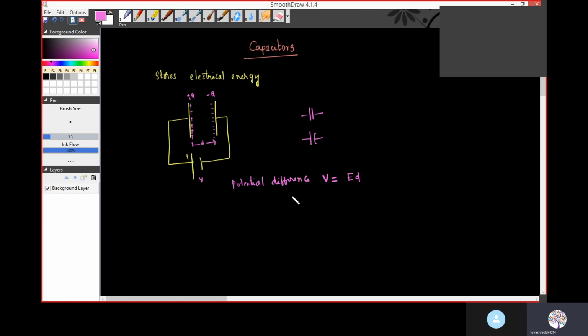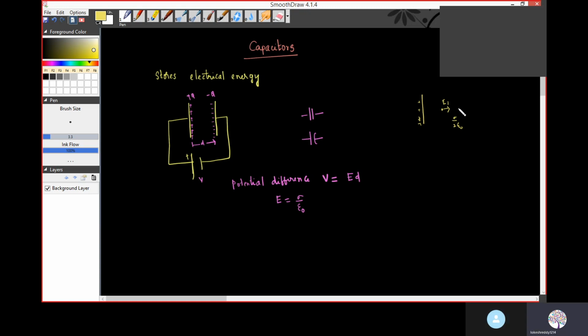Now we know that the electric field between the plates is sigma by epsilon naught. How did we get sigma by epsilon naught? Here, for an infinite plane of charge, it is sigma by 2 epsilon naught. Electric field is in this direction, let us take this as E1.